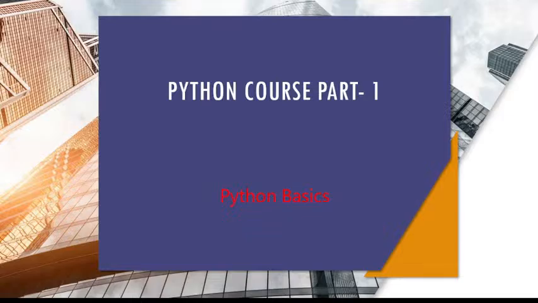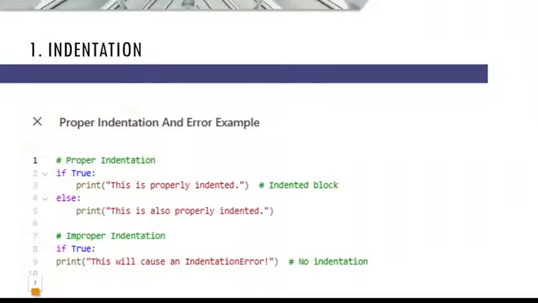So now, with that, let me start with the first. Indentation is a part of the basic terminology in Python, and indentation basically means the space from which you are going to start the code.